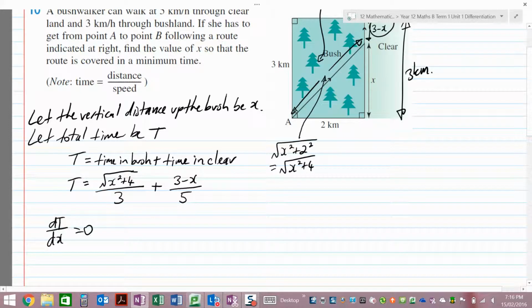Set it equal to 0 and find any turning points. Should be okay from there. Probably write this as a third x squared plus 4 to the power of a half plus a fifth of 3 minus x. Okay, before I differentiate it.